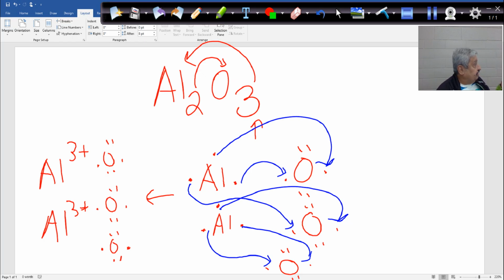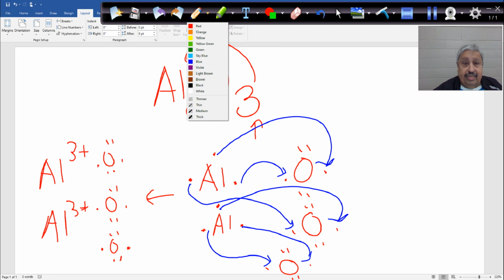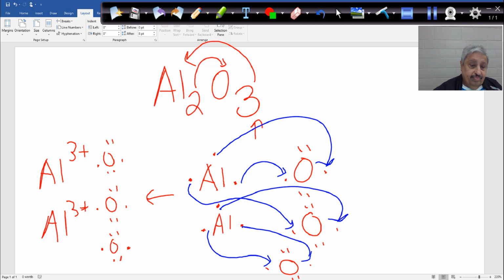So at last, each one gives 3, we have 2. So 6 valence electrons are given to the 3 oxygens, correct? So here it is. This is 2 here. This is 2. This is 2. This is 2. This is 2. This is 2. So because you have 2, this is 2 minus, 2 minus, and 2 minus.